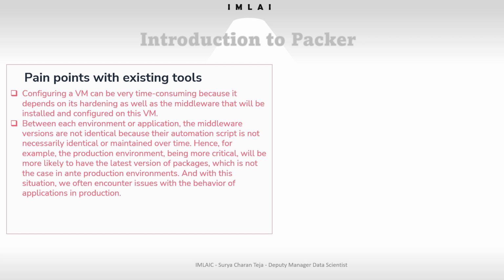Hence, for example, the production environment being more critical will be more likely to have the latest version of packages, which is not the case in a development environment. And with this situation, we often encounter issues with the behavior of applications in production.